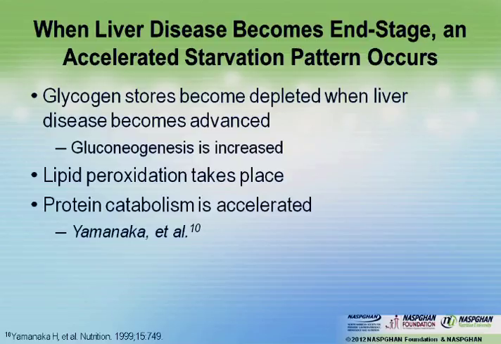The starvation pattern, which you heard Praveen so elegantly describe, can be accelerated in chronic liver disease. These are adult studies, but we have every reason to believe that the same phenomenon occurs in children. You see gluconeogenesis much more rapidly, and as you know the starvation response, generally within hours to a day, you start to see ketogenesis and gluconeogenesis.